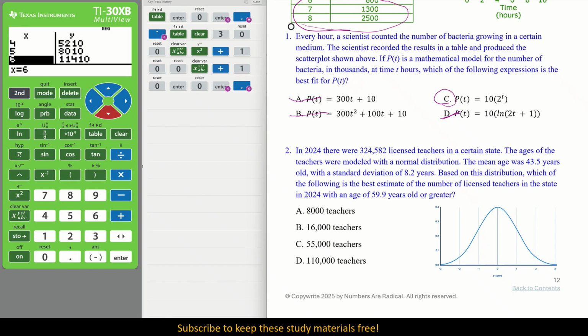The mean age was 43.5 years old with a standard deviation of 8.2 years. Based on this distribution, which of the following is the best estimate of the number of licensed teachers in the state in 2024 with an age of 59.9 years old or greater?